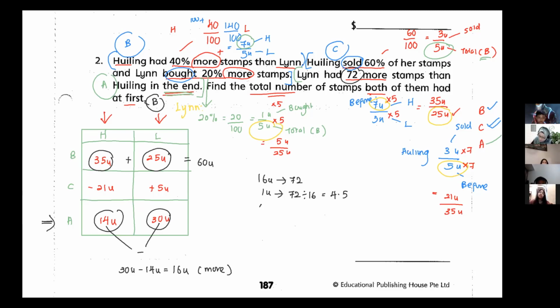I want to find my 60 units, which is 60 times 4.5 equals 270. Answer: 270. By the way, what concept is this? This is known as the all changing quantities concept, the easier version, right?